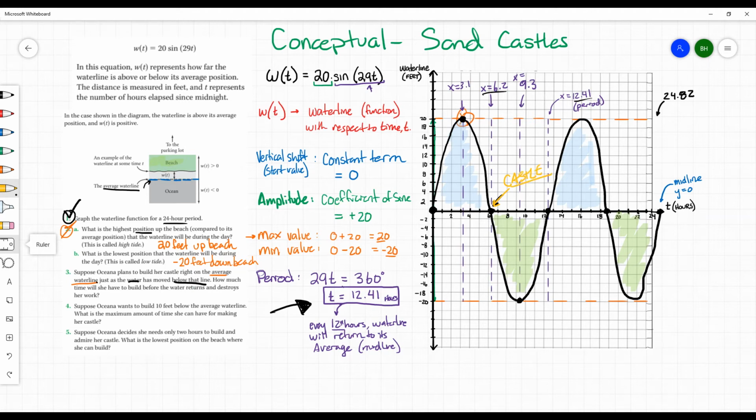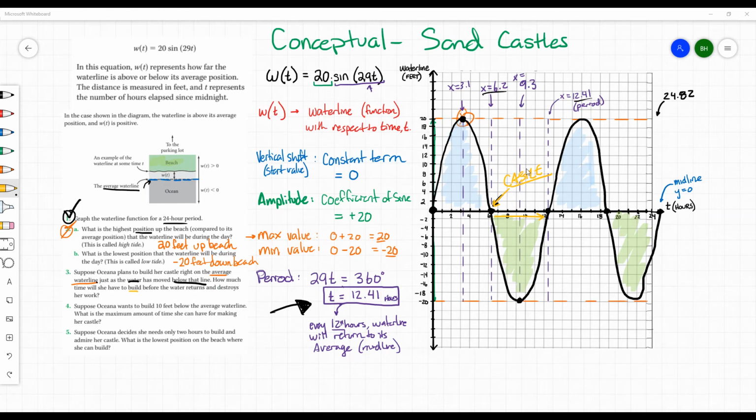She wants to start right there. Now, what we need to figure out is how much time she will have to build before the water comes back and destroys her work, which means that we have all of this time to build and maintain this sandcastle so it doesn't get destroyed.